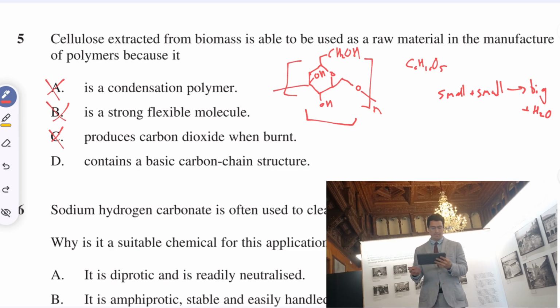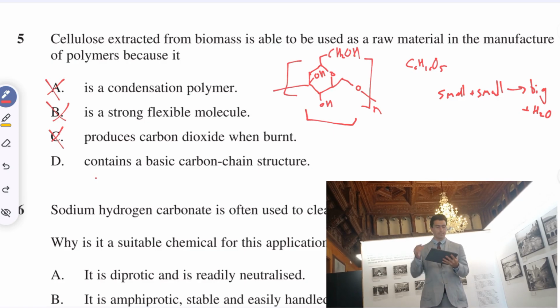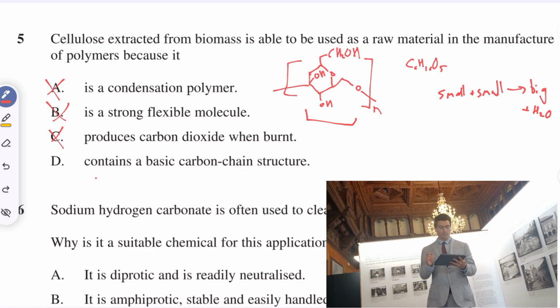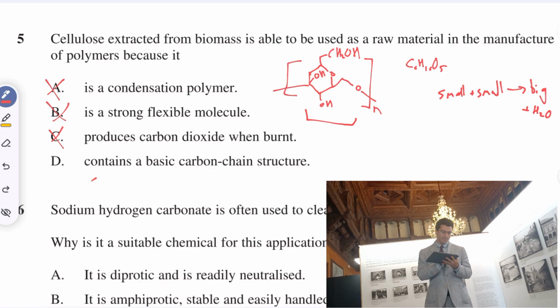So D contains a basic carbon chain structure. Now this, of course, is true because we've said that the others cannot be the answer. I'll give you one example of a product which you might derive from cellulose, so that would be CMC.